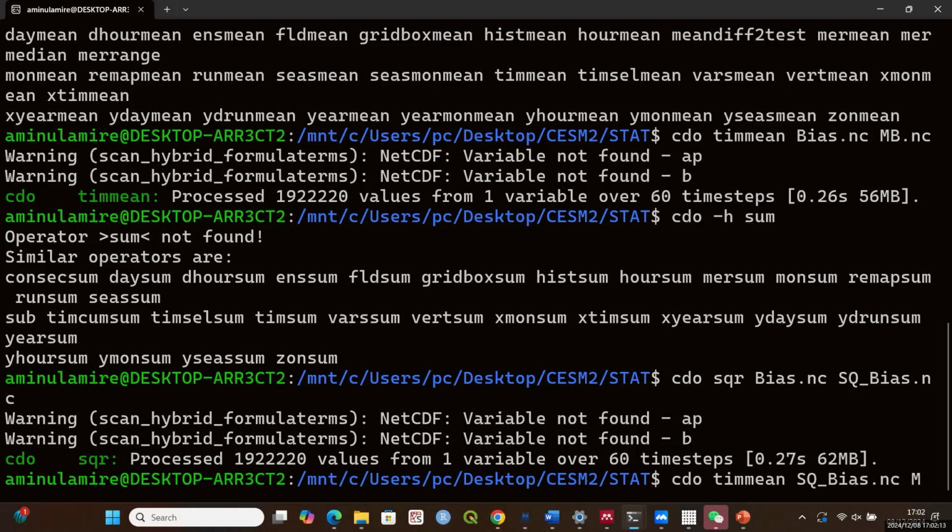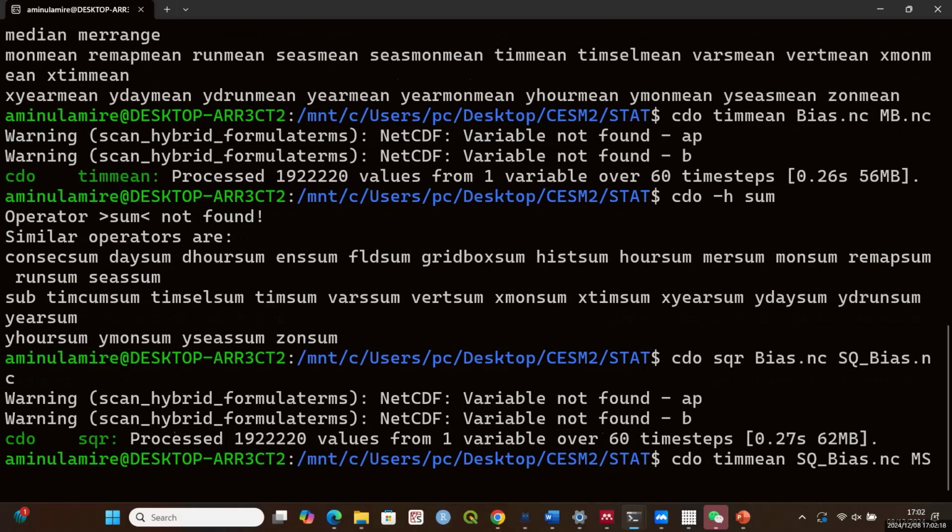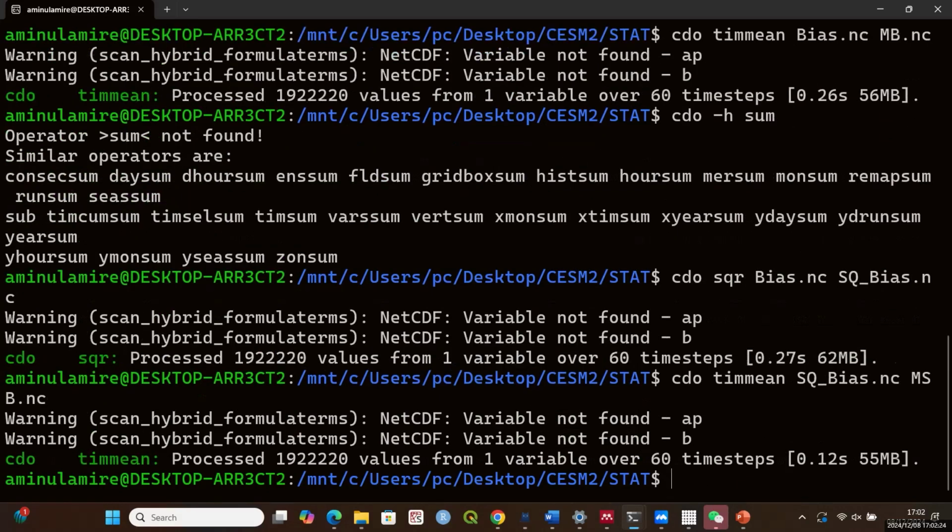Let me write it as mean square bias dot NC. Then enter, and it is calculated. CDO can handle big files in just a second.